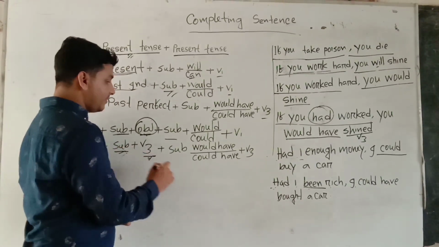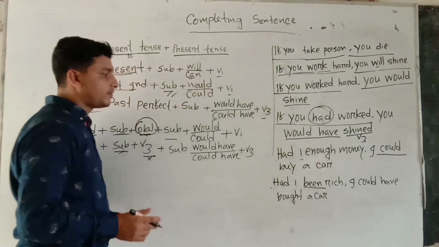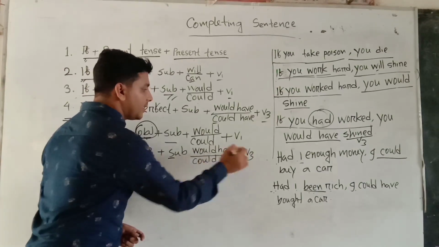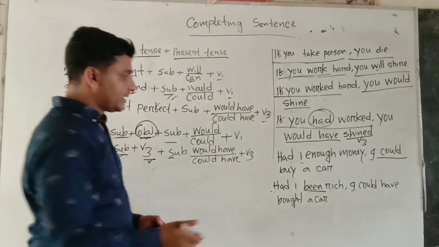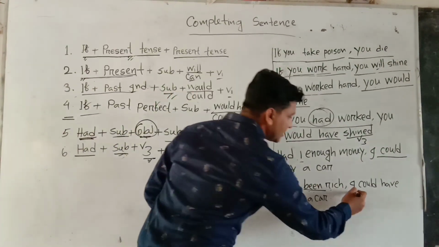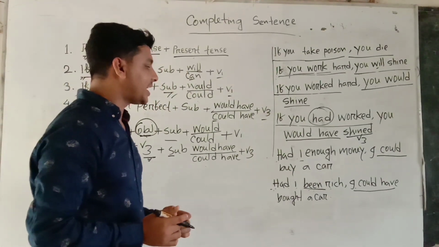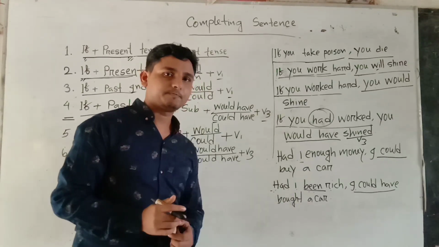Then the other part of the sentence will be like this: subject plus would have or could have plus V3. Then we will solve this problem like this: had I been rich, I could have bought a car.